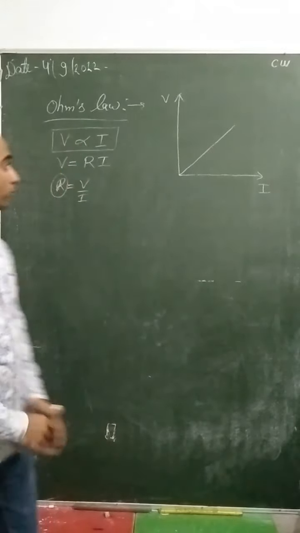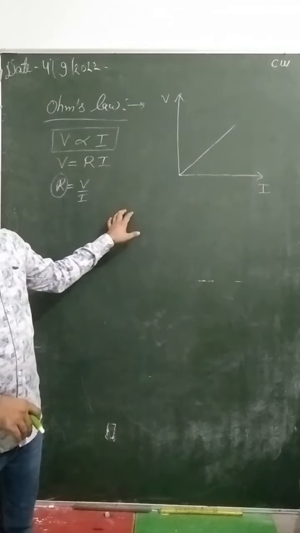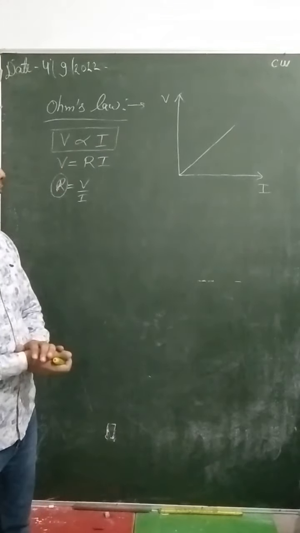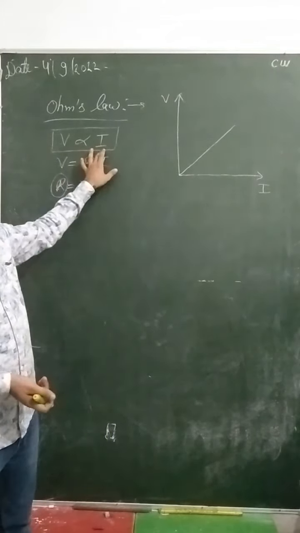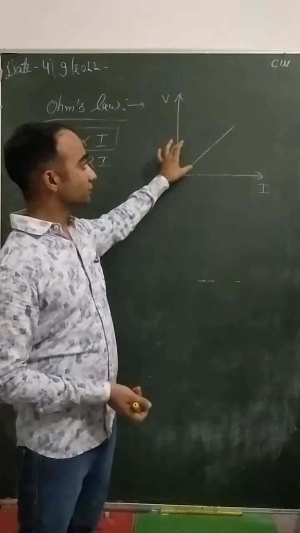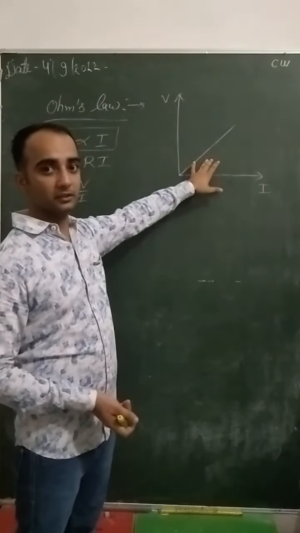In Ohm's law, what are the important points? The four factors affecting the resistance and the VI characteristics. So we plot a graph for V and I. These are directly proportional, having a single power, so the relationship will be linear. Linear relationship as represented in VI characteristics is a straight line.